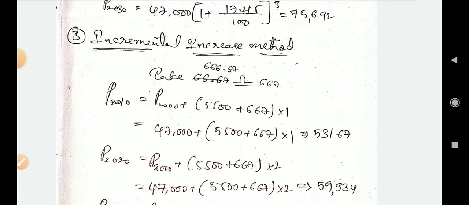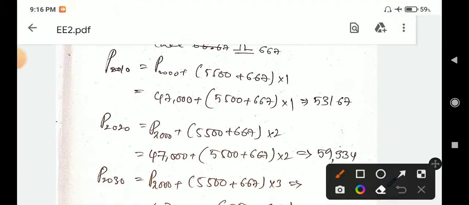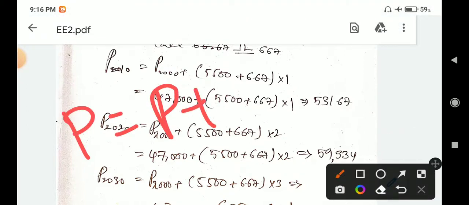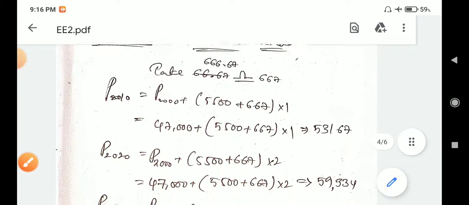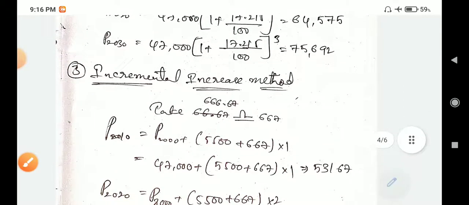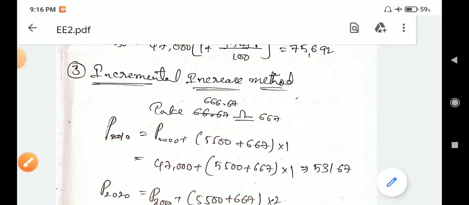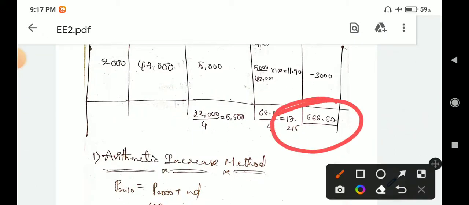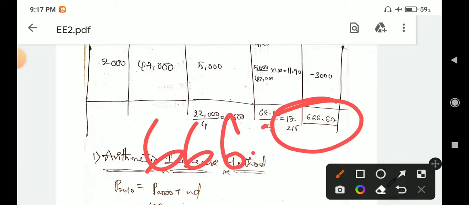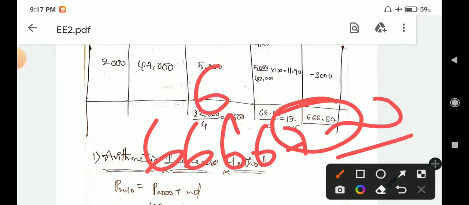The formula is P equals P0 plus n times d plus incremental increase times n. This value is taken from here: 666.67.